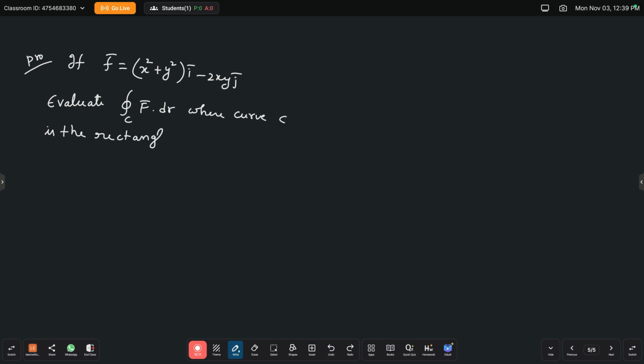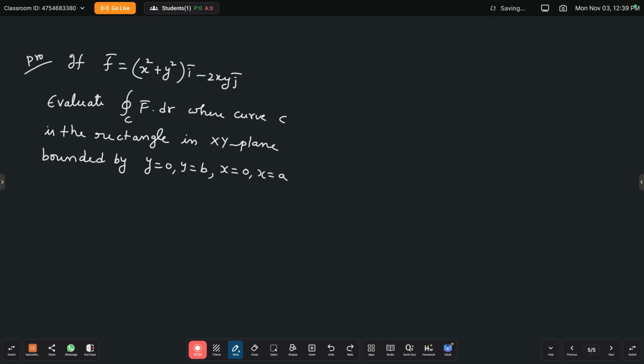Here the curve is a rectangle in the xy plane, bounded by y is equal to 0, y is equal to b, and x is equal to 0, x is equal to a. Like that you're given.